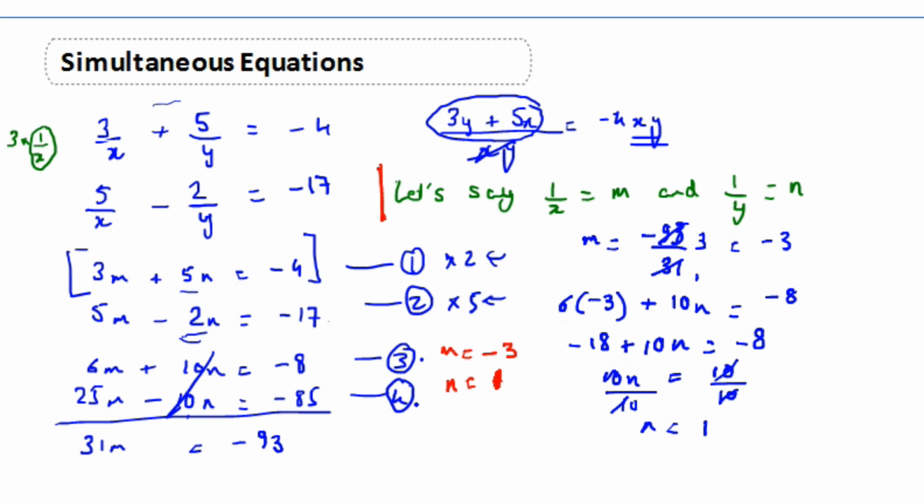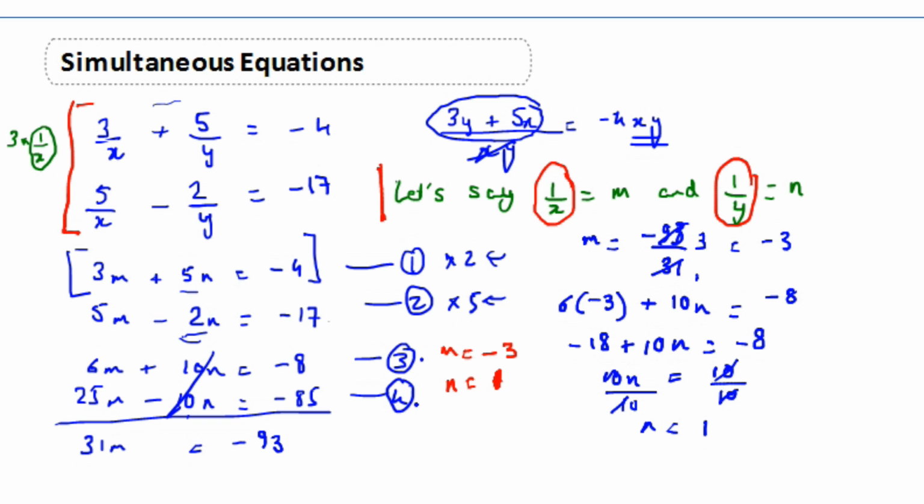The assumptions were that 1 upon x is equal to m and 1 upon y is equal to n. Actually, we didn't want the values of m and n at all. We wanted the values of x and y, because the equations that we were given contained x and y. They didn't contain m and n.